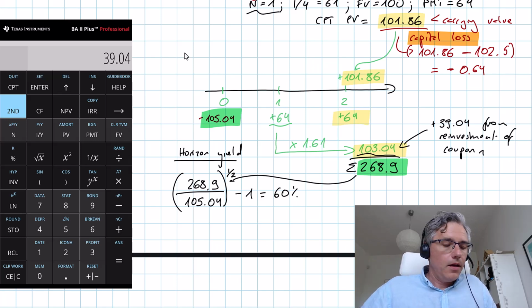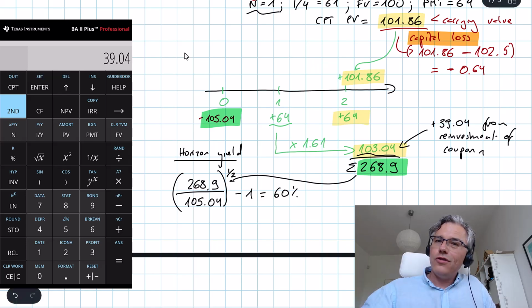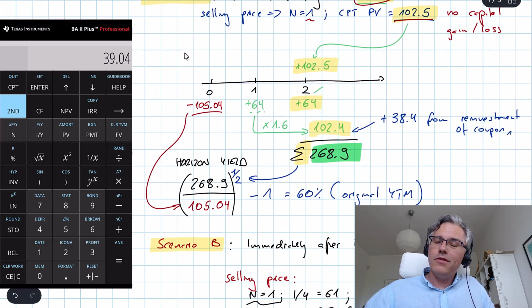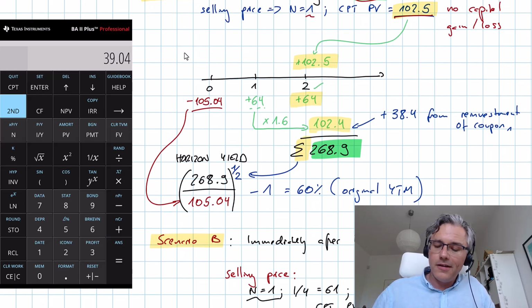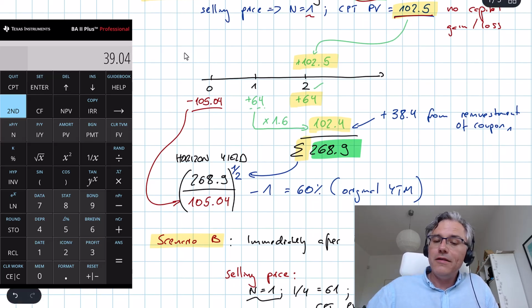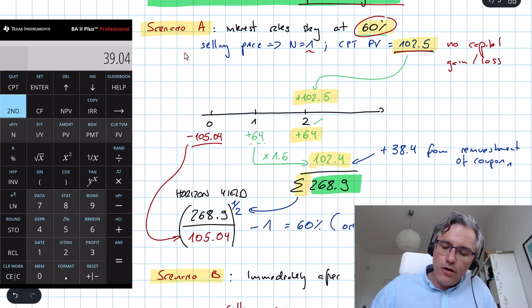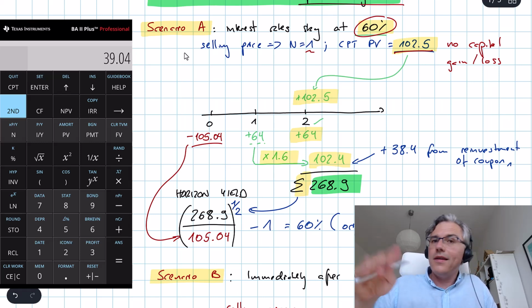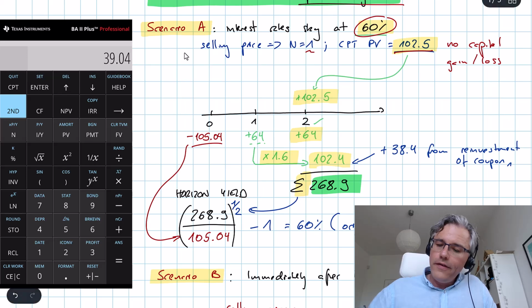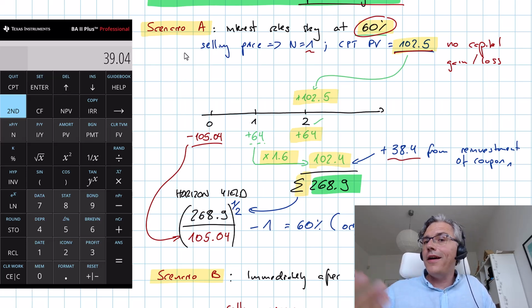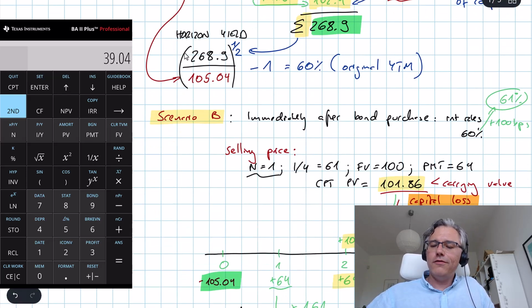Well, how does that compare to how much gain we had from the reinvestment of the coupon under the previous setup, where yield stayed at 60 and the coupon only grew at 60% for 1 year? Over there we calculated 38.4 from the reinvestment of the coupon.